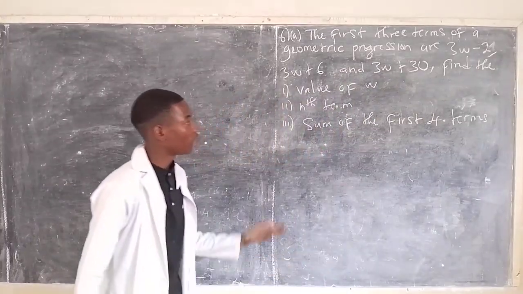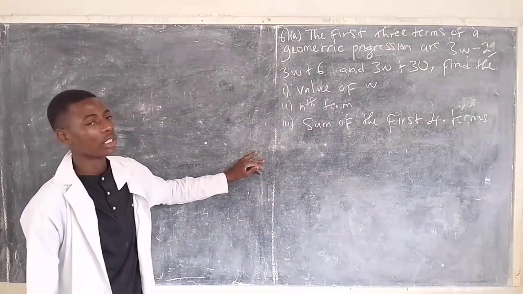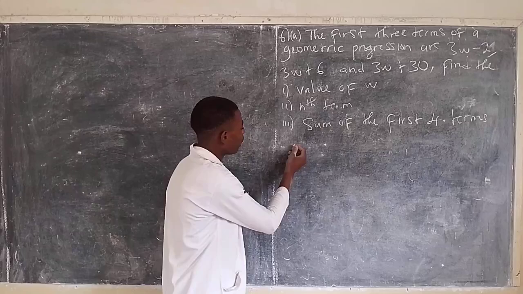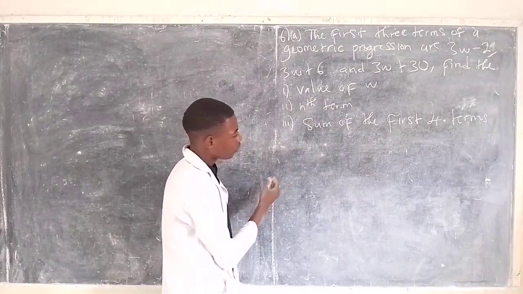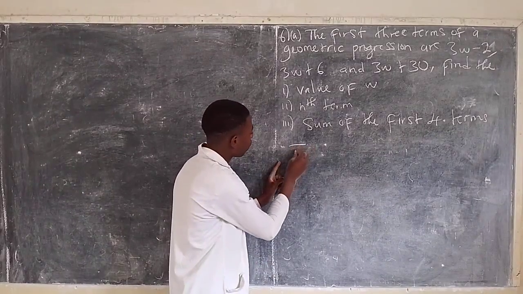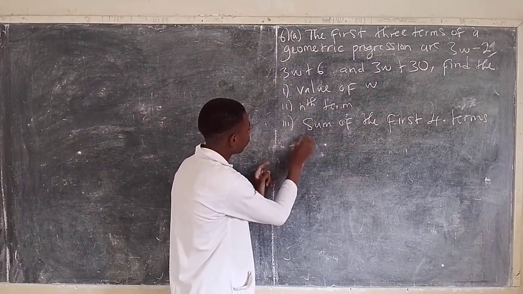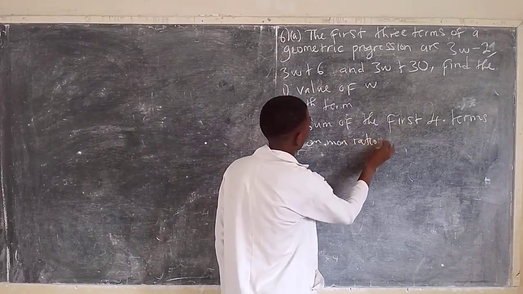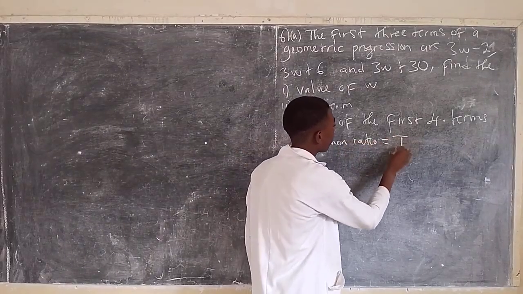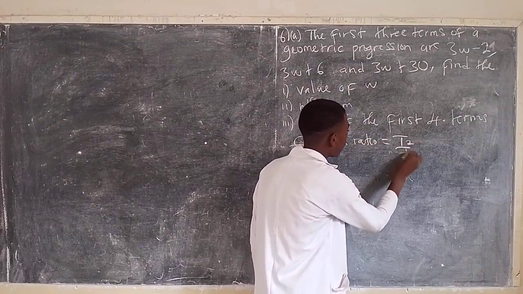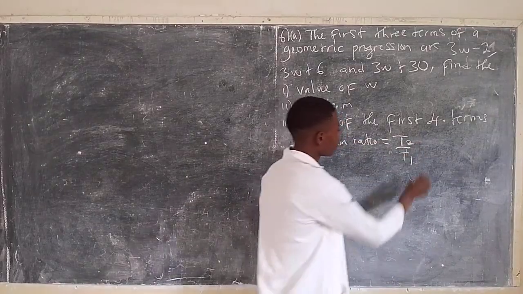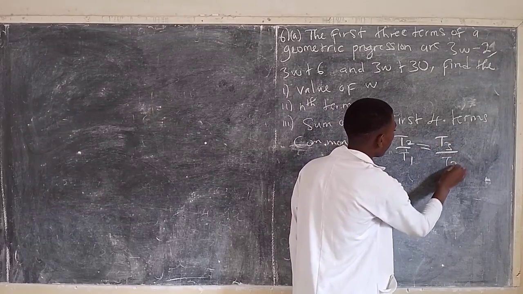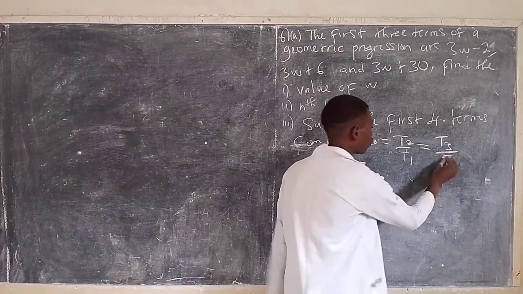For these terms that we are given, there is a relationship, which is always known to say that the common ratio is the same. So the common ratio should be equal to term number 2 over term number 1, which is the same if you use term number 3 over term number 2, and so on and so forth.